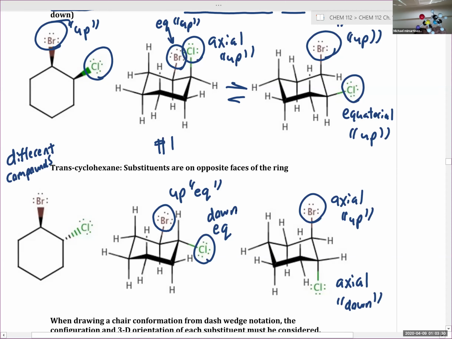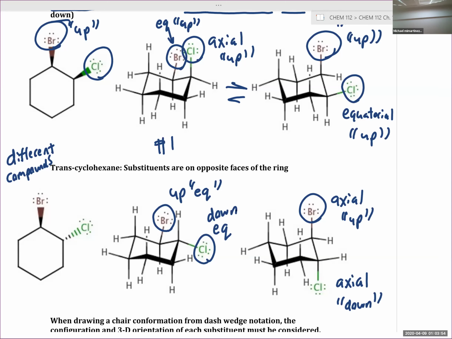Okay, so this is another trans form, and the reason why our substituents are trans is because one substituent, our bromine, is up while our other substituent is down. They have a different stereochemistry, a different relative arrangement of atoms.